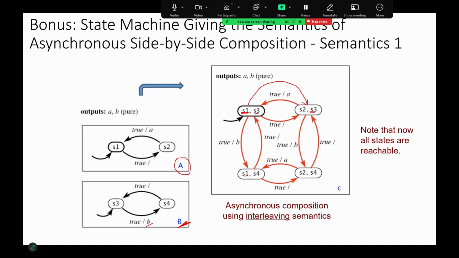So this was the first step, and then you can take any change, for example from S2 S3, and A reacts, which means S2 becomes S1, and we keep S3 as it is.